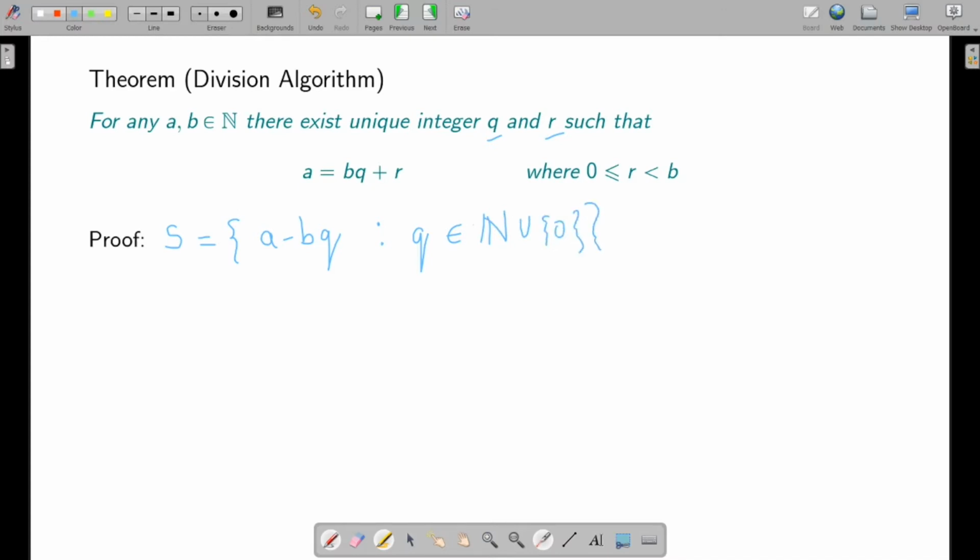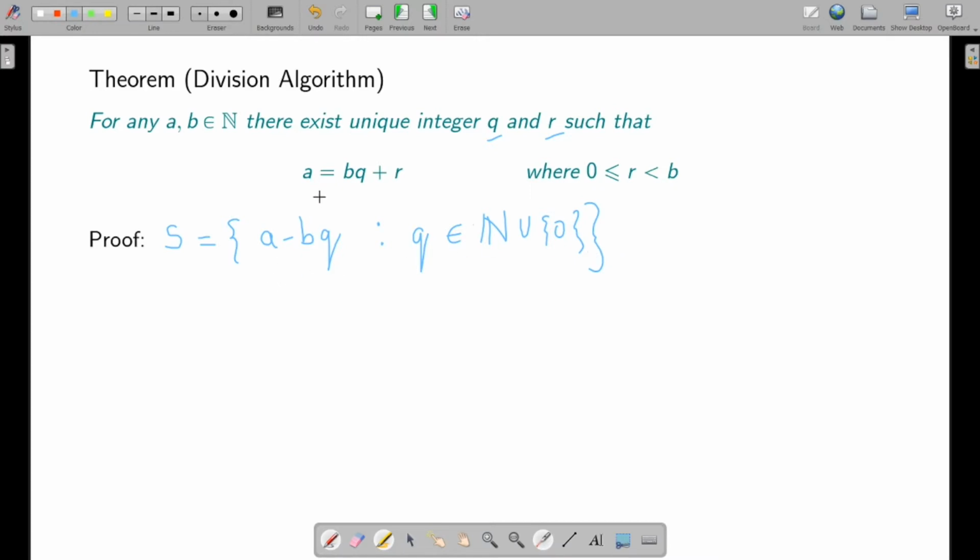In the general case this will not be sufficient. So we are looking at all these a minus bq, that is, continuously subtracting b's from a. As I said, we are trying to catch hold of the smallest non-negative number in this set. That is what we are trying to look at.